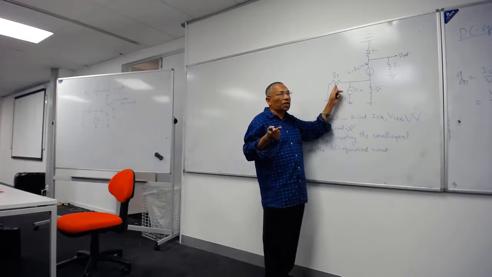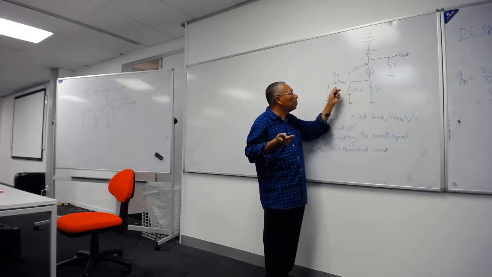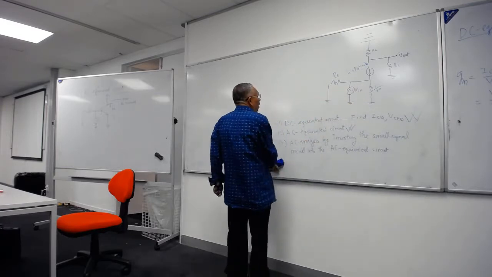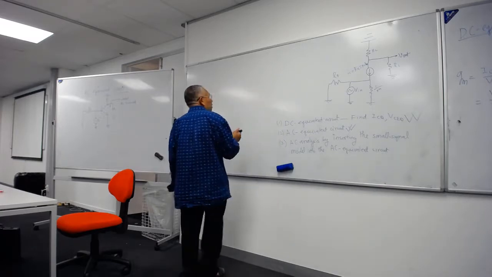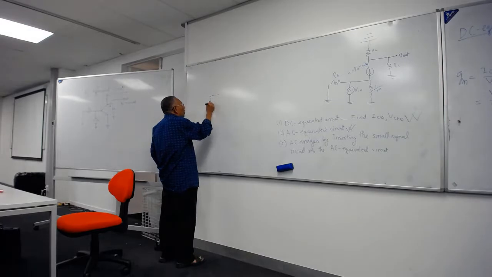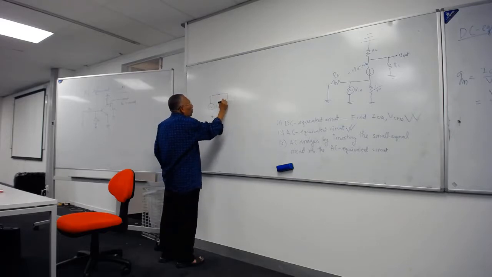So for all practical purposes, when you have RB in parallel with 1/GM, you can remove it. That will make your circuit a bit simpler. So you remove the RB and keep your voltage source only, which is V in at the input. And here you have your 1/GM.